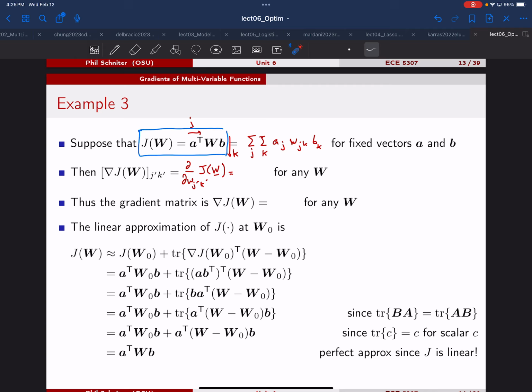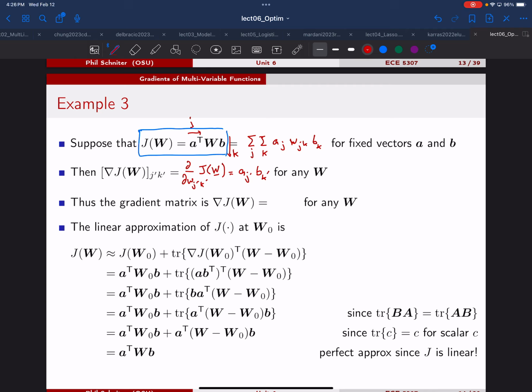So let me ask, is Chiping Zhou here? Yeah. Exactly. So it's AJ prime, BK prime.